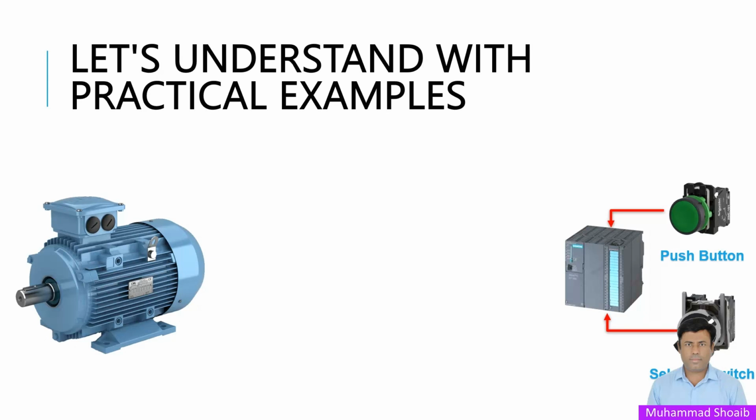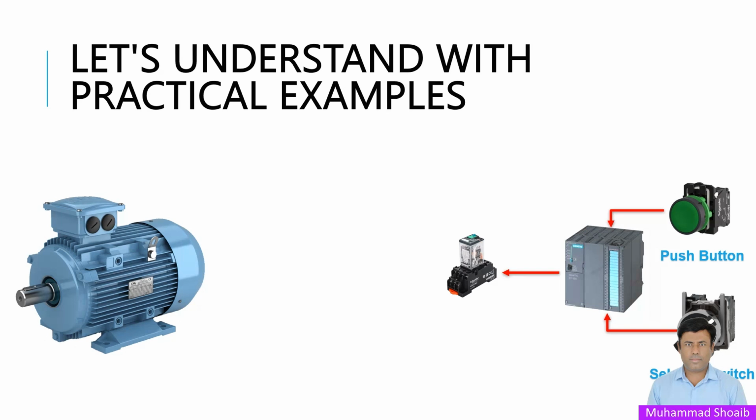So generally we use relays at the output of the PLC, and this relay usually has a maximum of 10 ampere current carrying capacity.